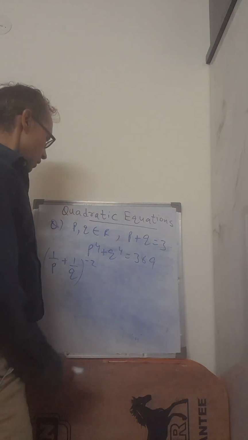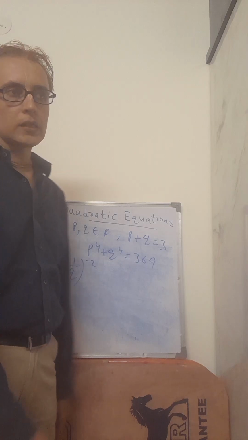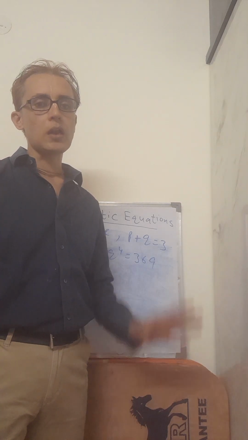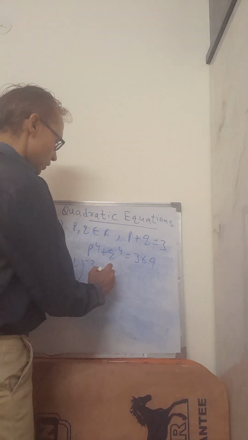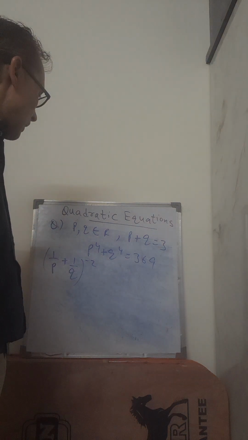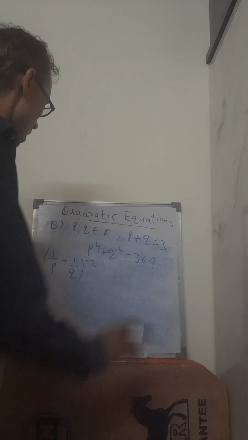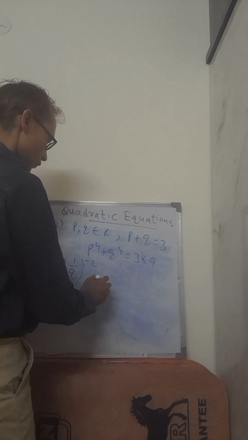As we remember, to find the value of alpha 4 plus beta 4 we need alpha square plus beta square. So we will first find the value of P square plus Q square, but we don't have the value of P into Q either. So what will we do?